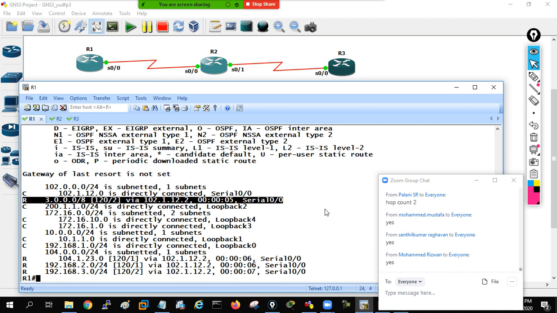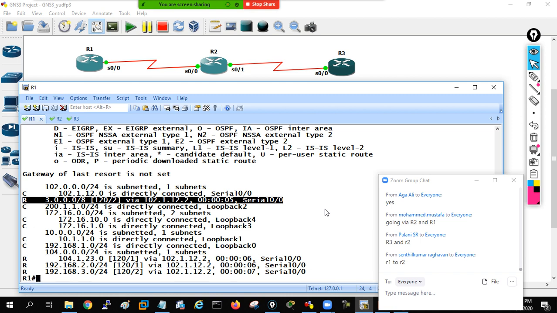Why is the hop count 2 from router 1's perspective? Because it's going from router 1 to router 2, one hop, and router 2 to router 3, second hop. Right, Palni?